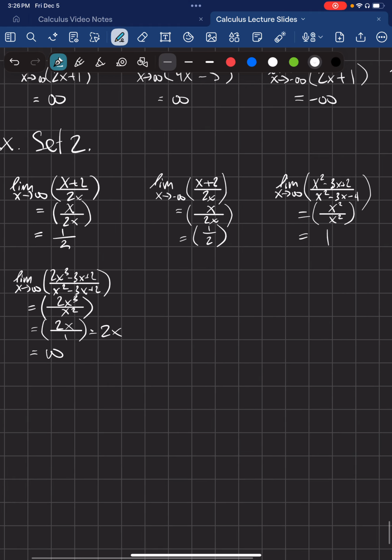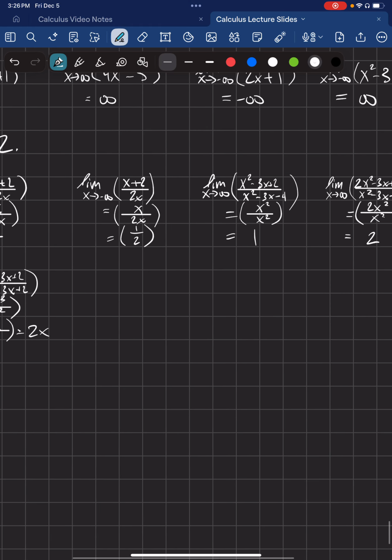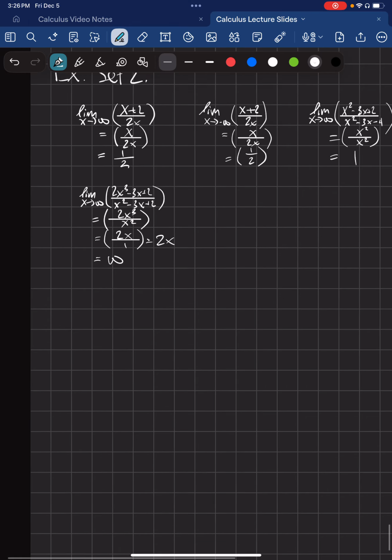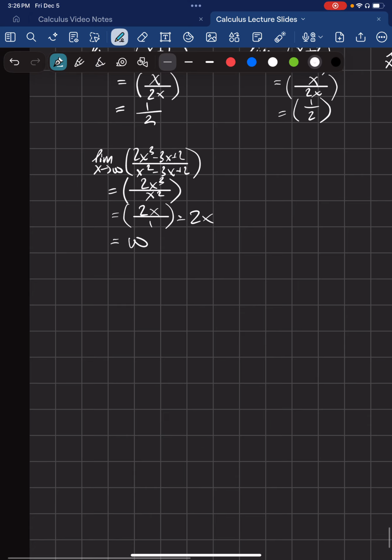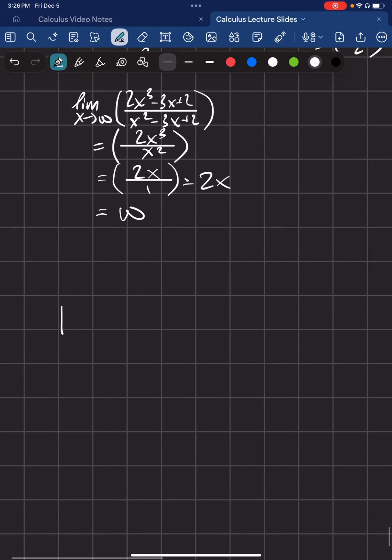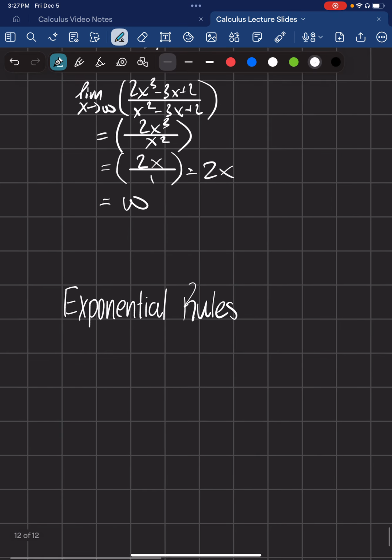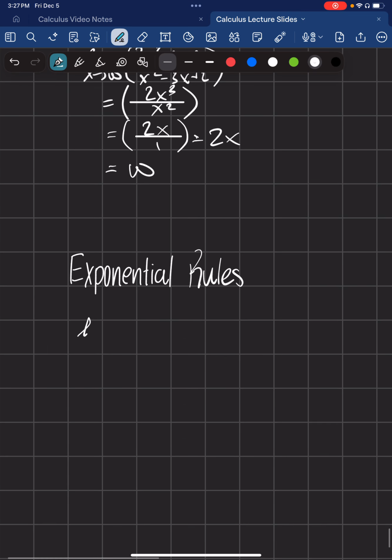Then there's a couple other important things to know when taking limits. We'll get into them when it comes to exponential functions. So, exponential rules. What you need to know is, when you take the limit as x approaches infinity of e to the x, you're going to get infinity, right?